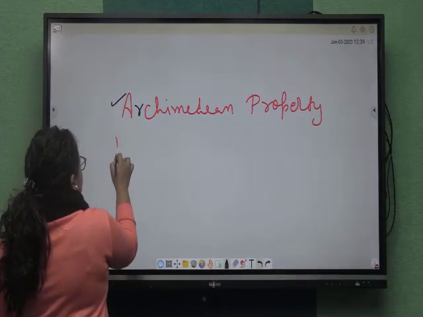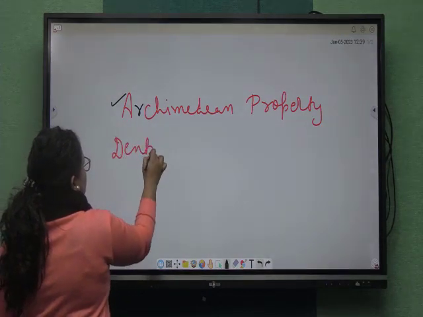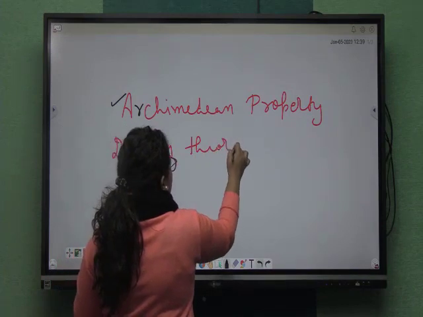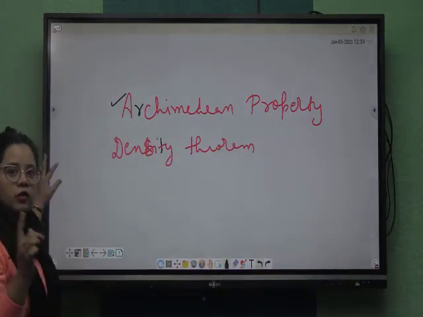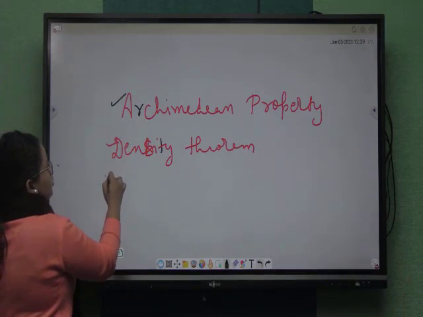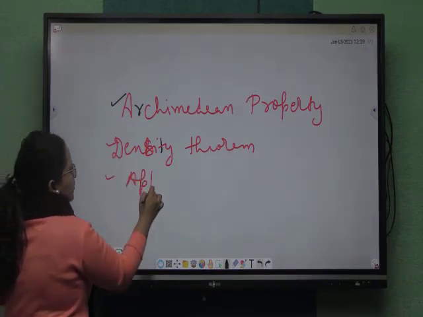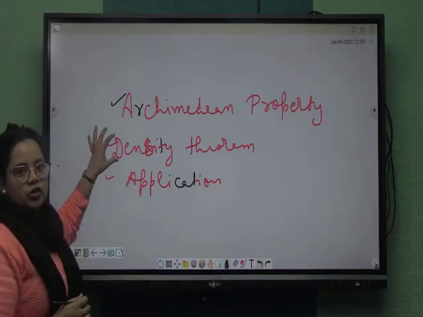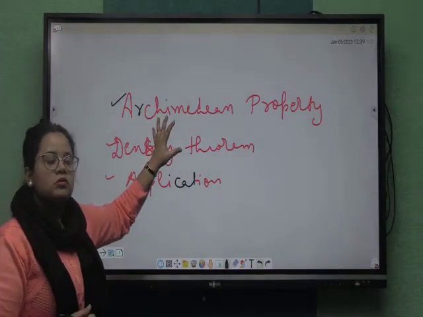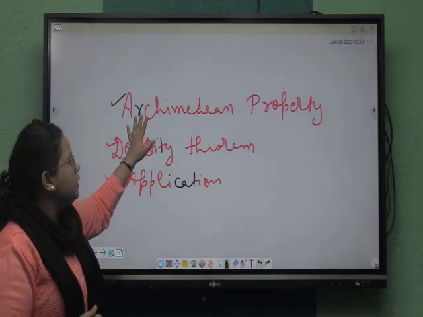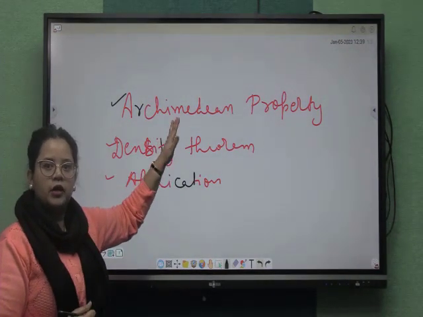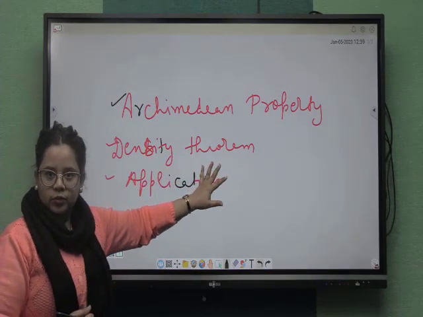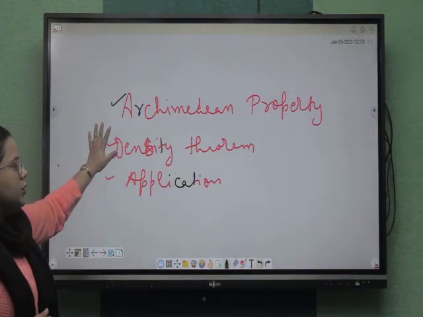Next is the density theorem, which is again a very important topic in real analysis, and then a few applications related to these. In fact, the density theorem is also an application of the Archimedean property. We use the Archimedean property and all its consequences to prove this density theorem. So we will start with the Archimedean property.